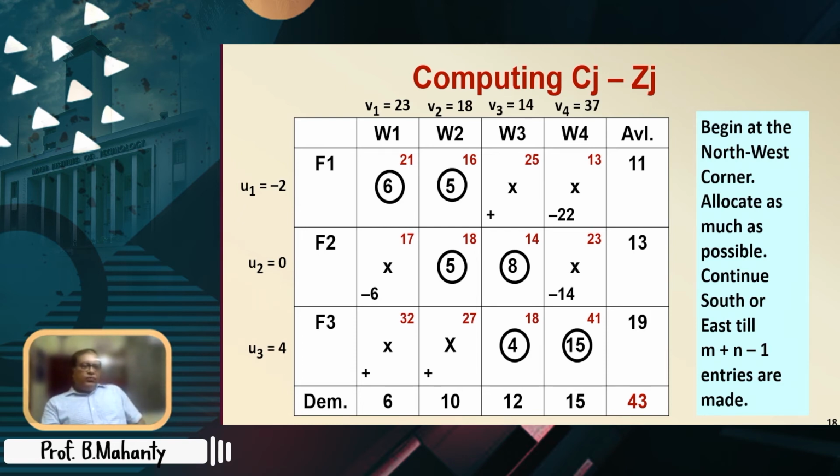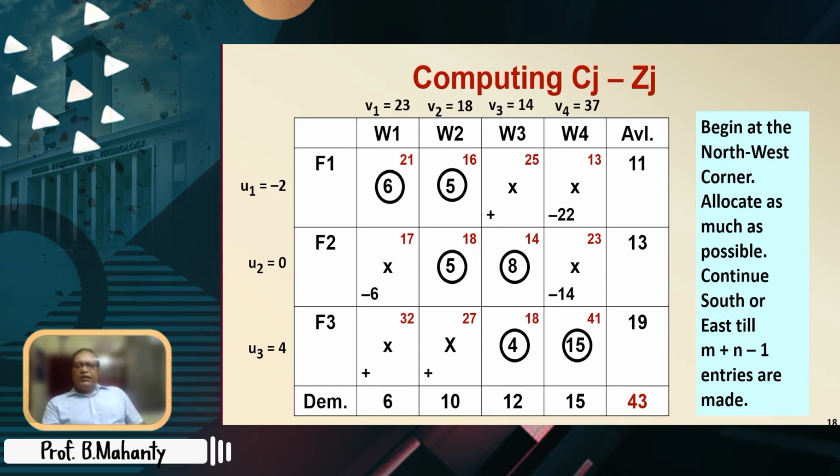First of all, we put one of them as 0. Let us say U2 equal to 0. When we put U2 equal to 0, then for this basic variable the cost is 18. So V2 should be 18, because U2 plus V2 should be equal to the cost of F2W2, because Ui plus Vj equal to Cij.